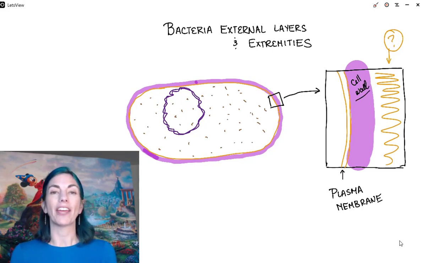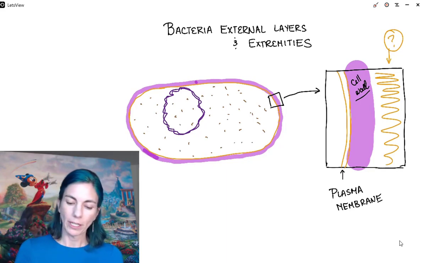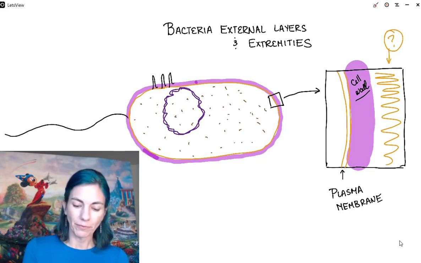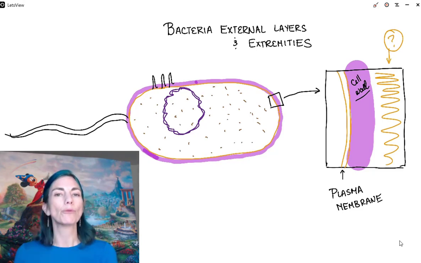We are looking at things that we might find outside of the cell wall. So the first thing that you might find outside of the cell wall is some sort of protrusion or an extremity of sorts. So for instance, we might have something that sticks out like this, or we might have a little tail. These are all things that might be sticking outside, protrusions. So let's go ahead and cover those.